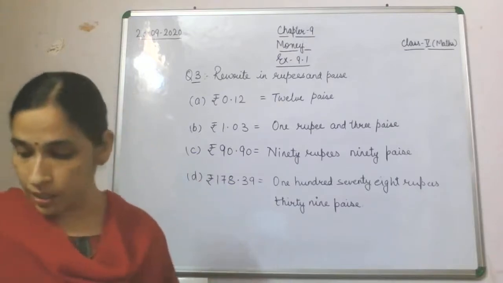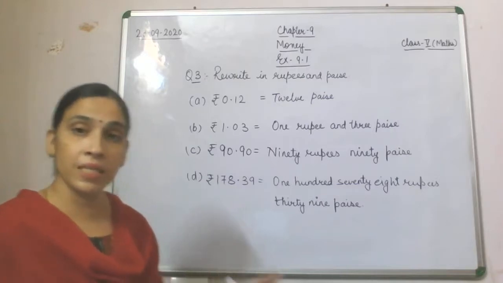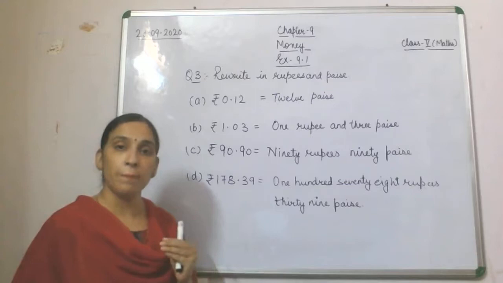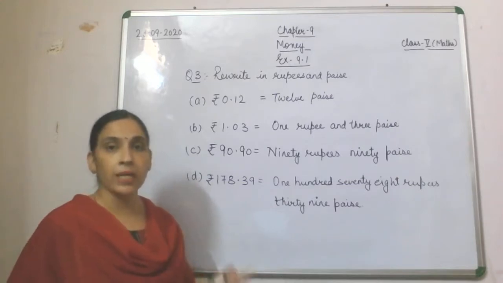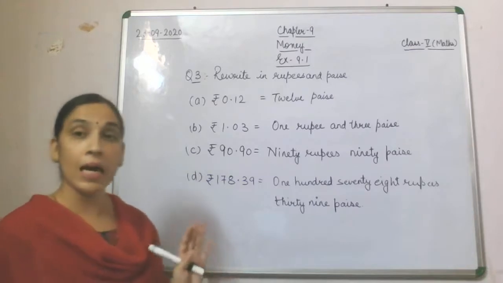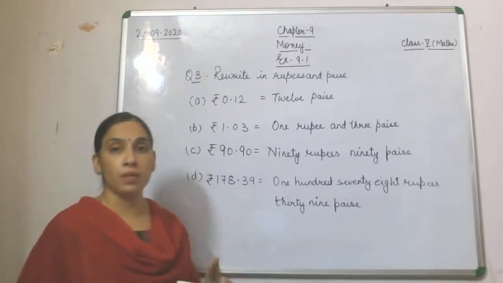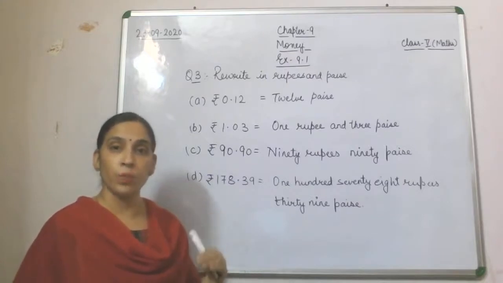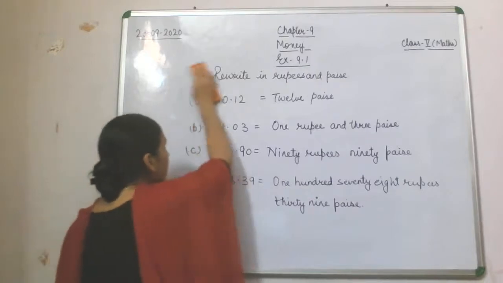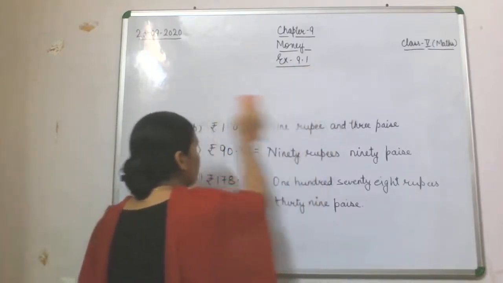Now children, next we are going to do a conversion question. Yesterday we saw how to convert paisa into rupee, that is converting a smaller unit into a bigger unit. And today we are going to see both conversions, rupee to paisa and paisa to rupee. So let's start with question number 4, that is conversion only.